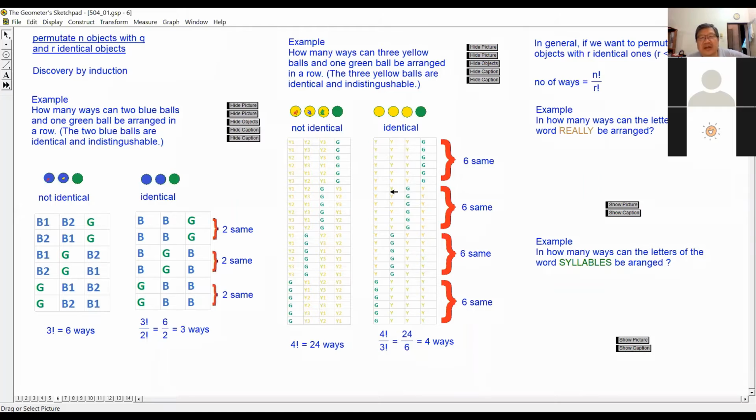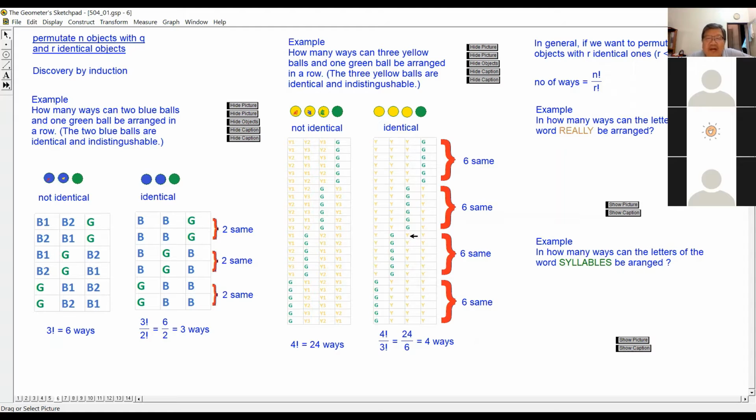So we cannot actually distinguish them into so many different cases, or so many different arrangements. So all these 6 arrangements, they are actually the same. Now, on the right hand side, you can actually distinguish them, because you can see them as yellow number 1, yellow number 2, and yellow number 3. But on the right hand side, no. All these 6 cases, they are the same.